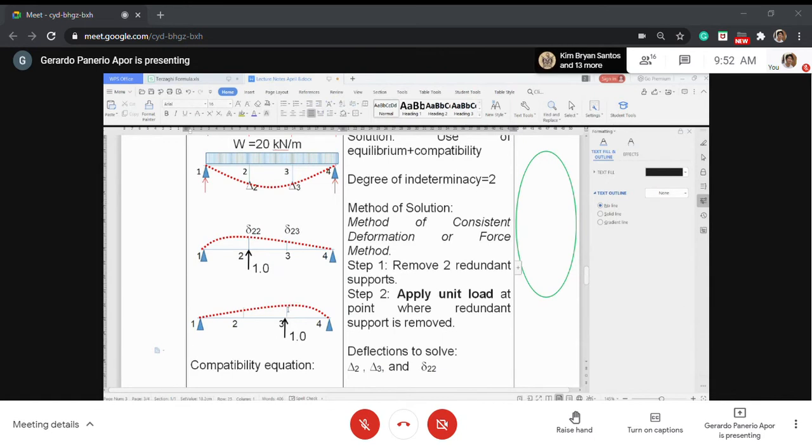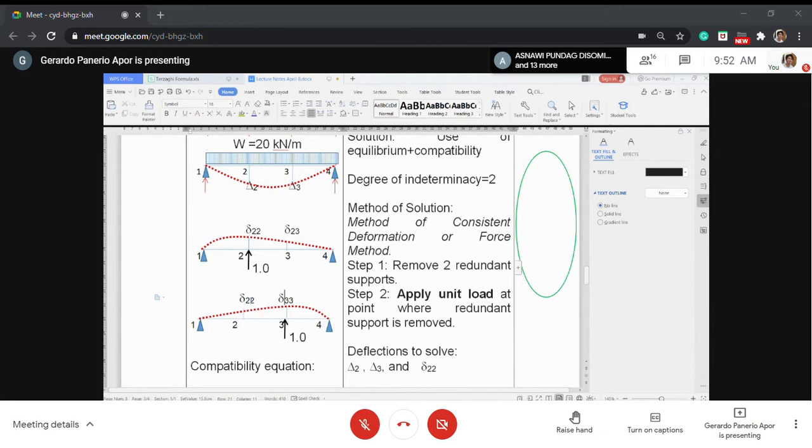Of course, you will name them accordingly. So this one is called delta 3 3, no? Okay, the first subscript is where the unit load is being applied. The load is applied at point 3. The second subscript is where the deflection is being observed, at point 3 also.